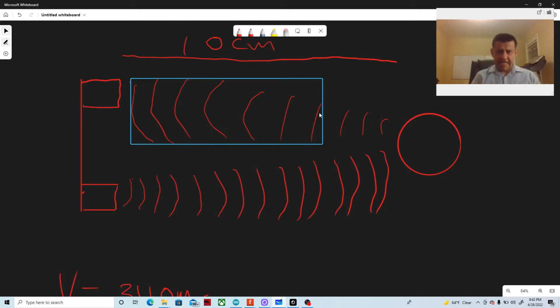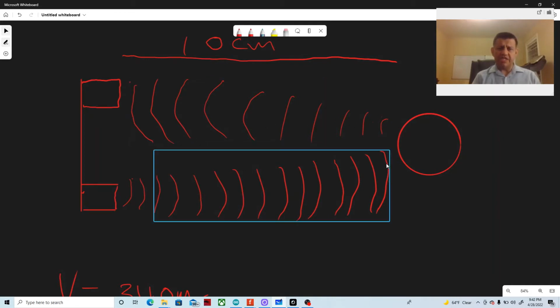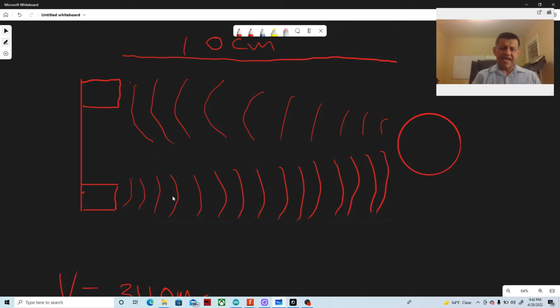One is receiving the frequency from the object, and the other one is bouncing out the same frequency. So it's a receiving and transmitting type of thing. Based on that, you will read the distance.